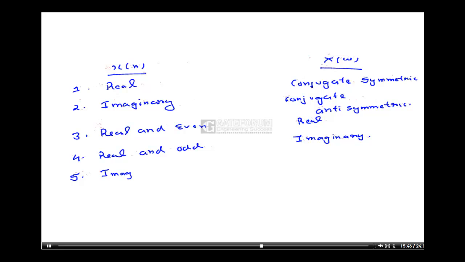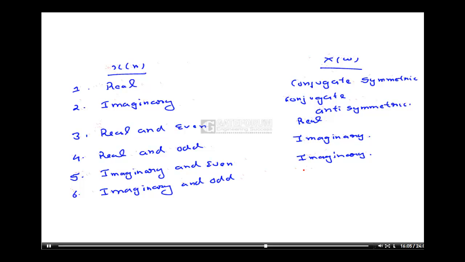Imaginary and even will make X of omega imaginary only. Imaginary and odd x[n] will make X of omega real.